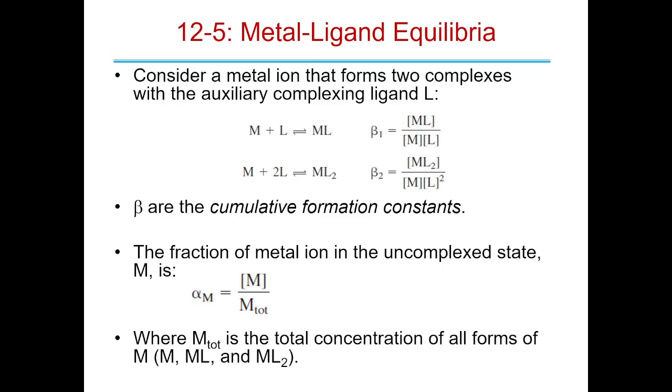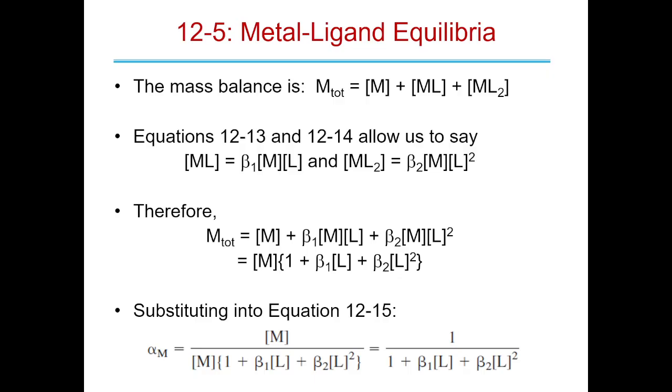So M total is again the metal in all of its forms. It's the ones bound to the ligands. It's the free metal. It's all metals in all forms. So your mass balance is M total equals metal in all its forms, right? The metal, the metal ligand, the metal ligand 2.